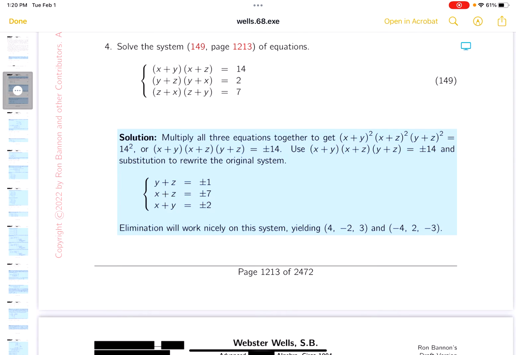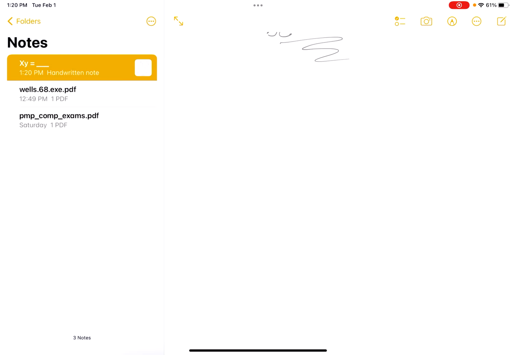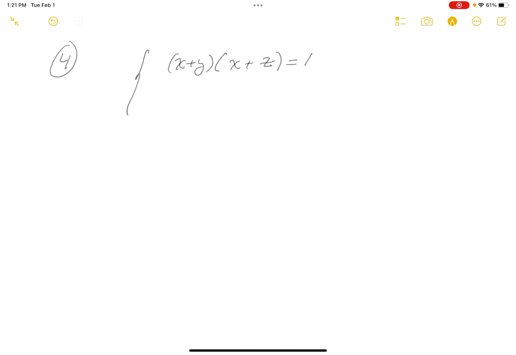So I'm done with this document, and I'm going to go back to my note, and I'm going to do problem number 4, and we're still in exercise 68. All right, so one thing I do, and I realize that I'm always saying you shouldn't be doing this, I'm just going to copy the problem down. So it's a system of equations, and the first equation is (x plus y) times (x plus z) equals 14.